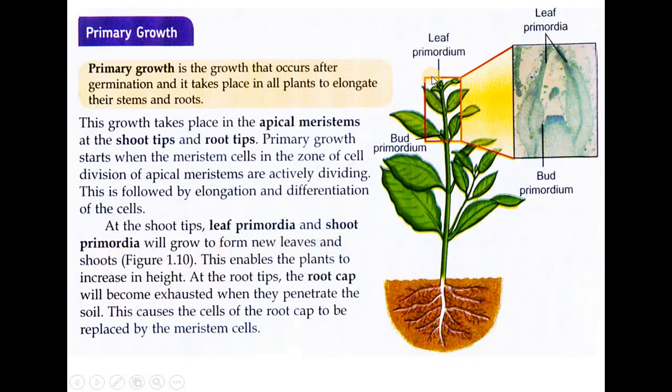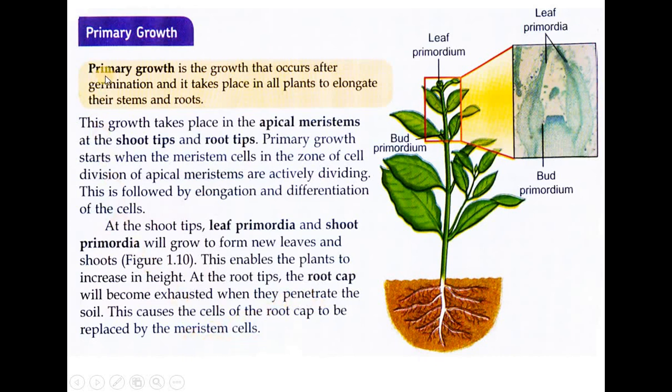So this is leaf primordia. All of these are shoot primordia. This enables the plant to increase in height. At the root tips, the root cap will become exhausted when it penetrates the soil. This causes the cells of the root cap to be replaced by the meristem cells.